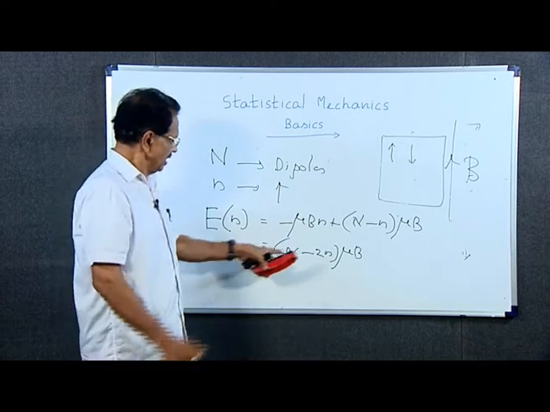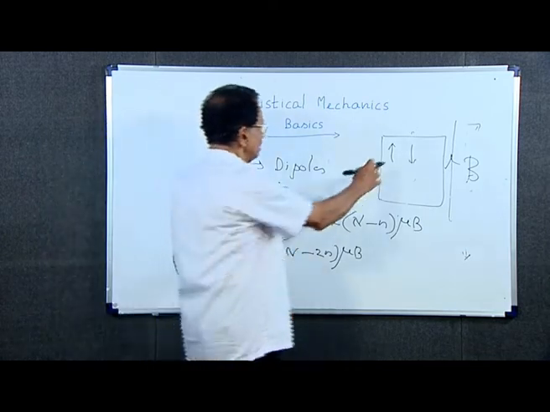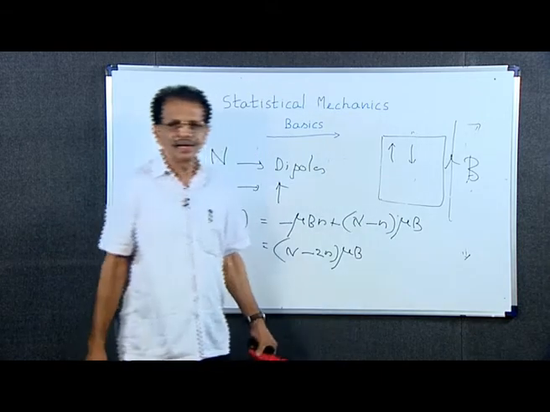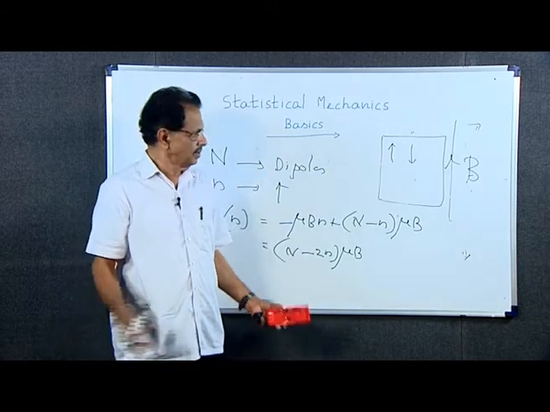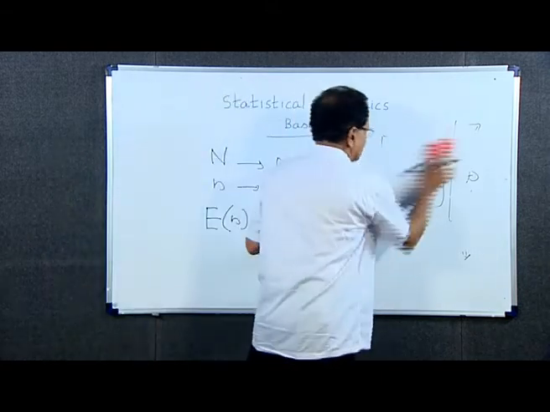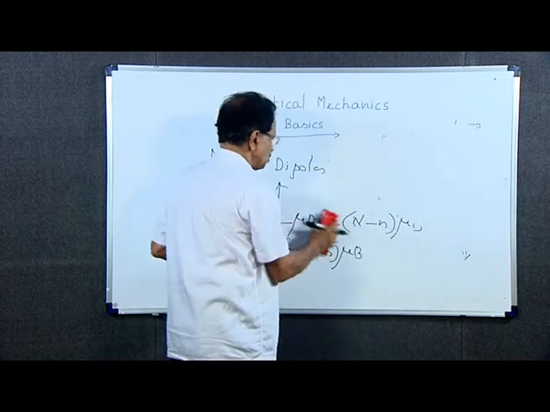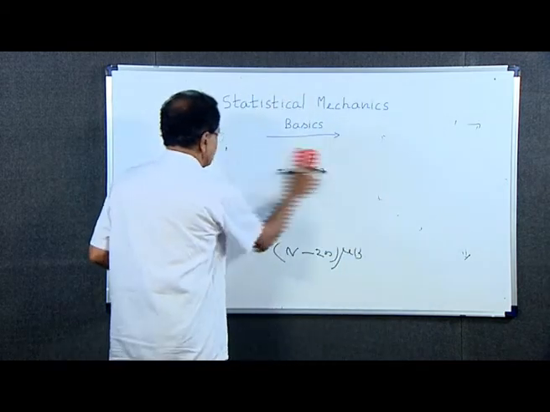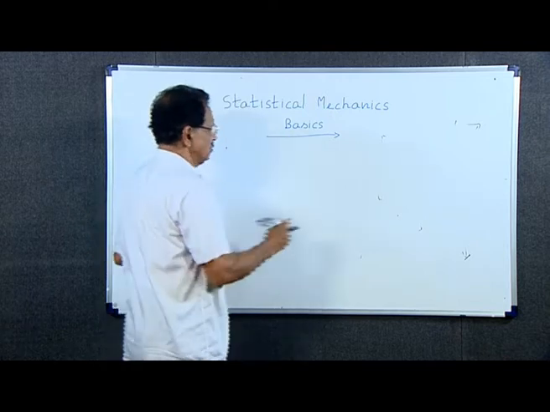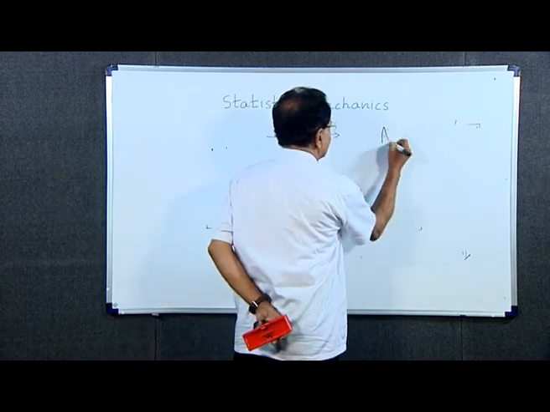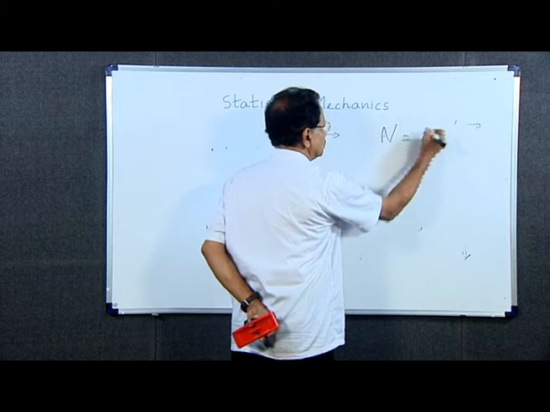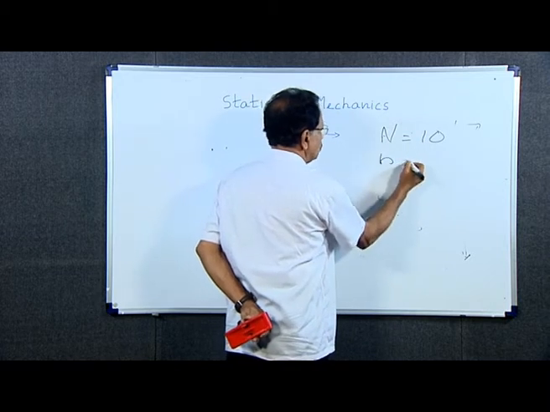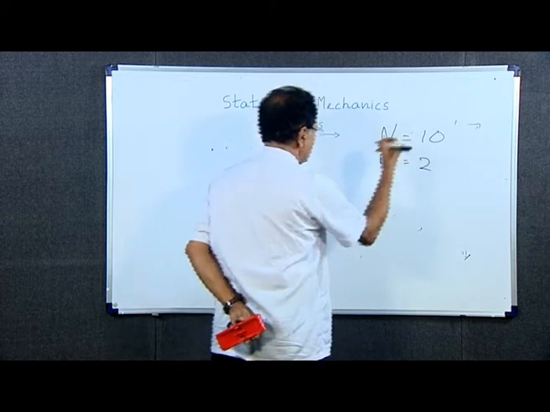Now let us realize that all these dipoles are indistinguishable. When n are aligned parallel to the field, there are so many possibilities. Let us look at the problem. Suppose capital N is equal to, say, 10, there are 10 dipoles. Small n is equal to 2, so 2 dipoles are aligned parallel to the field.